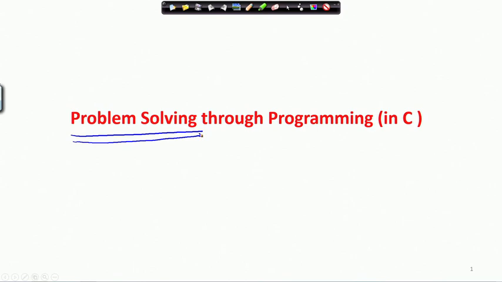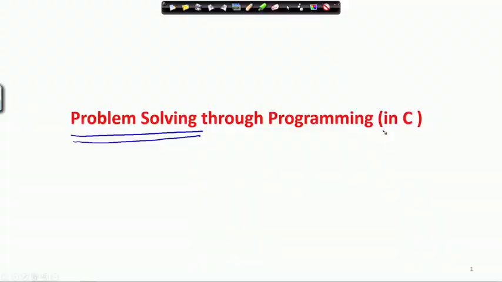We encounter different types of problems all the time in our life, and some of them can be solved using programming. Why am I saying that some of them can be solved, not all? There is a reason for that, we will come to that later. Also, there is another thing in the bracket: we will be discussing programming in C. Why have I put it in the bracket?